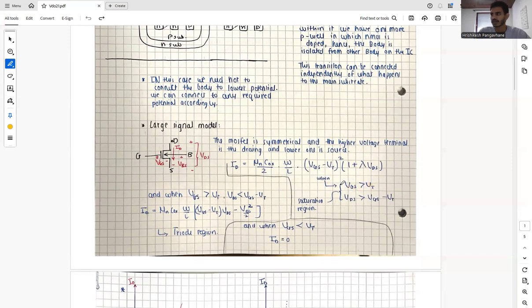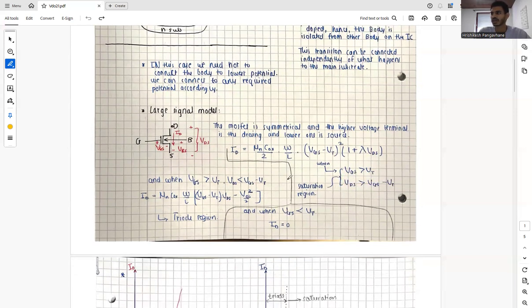We'll shortly discuss the working as well. When our VDS is greater than VGS minus VT, that is our saturation region. And when our VGS is greater than VT and the VDS is less than VGS minus VT, then ID does not follow the square law model, but its equation changes to something like this, which does not follow the square law model.